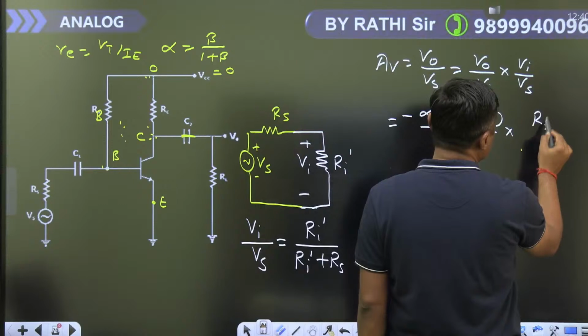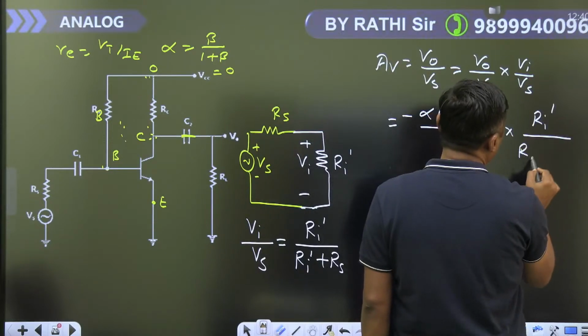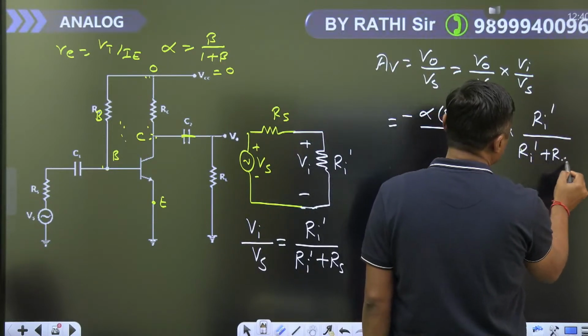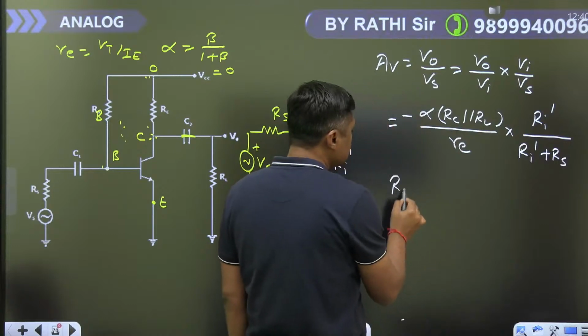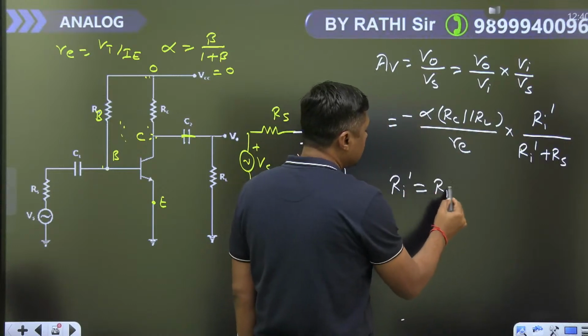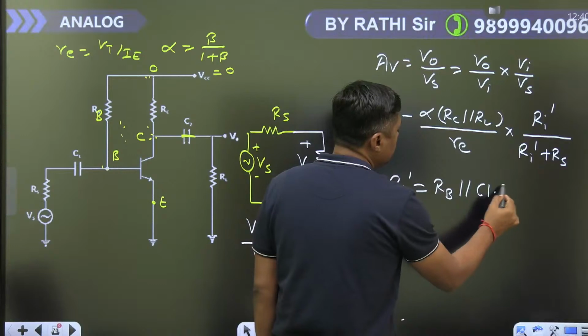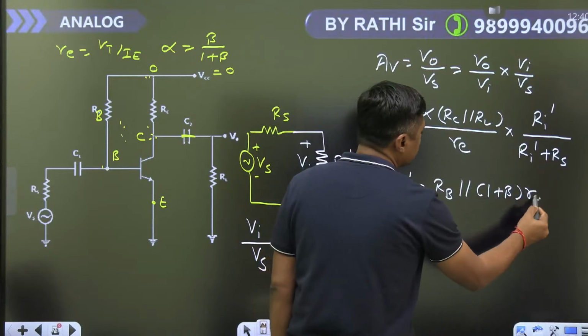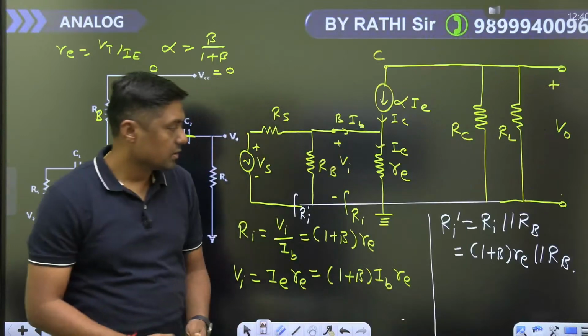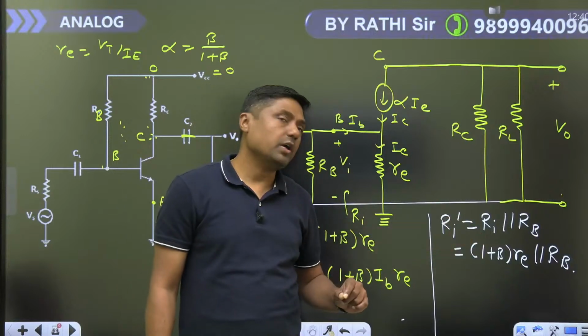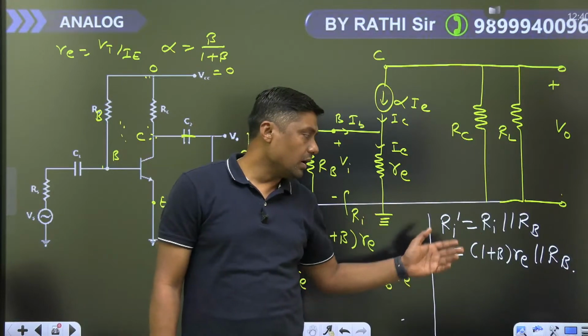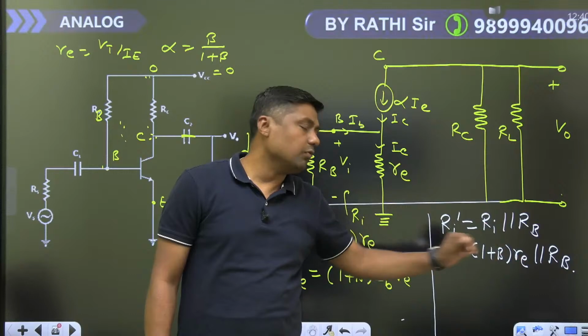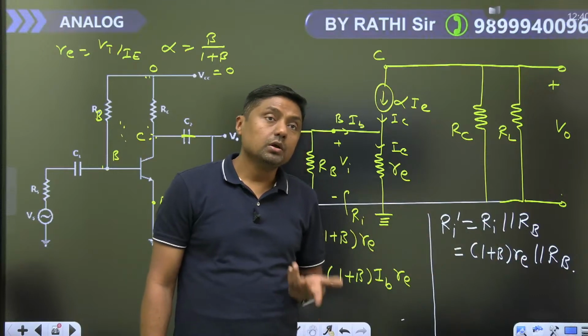Ri dash upon Ri dash plus Rs, where Ri dash is Rb parallel with 1 plus beta times of Re. So if the Rb is not given, then it will become 1 plus beta times of Re only. So that is the question.